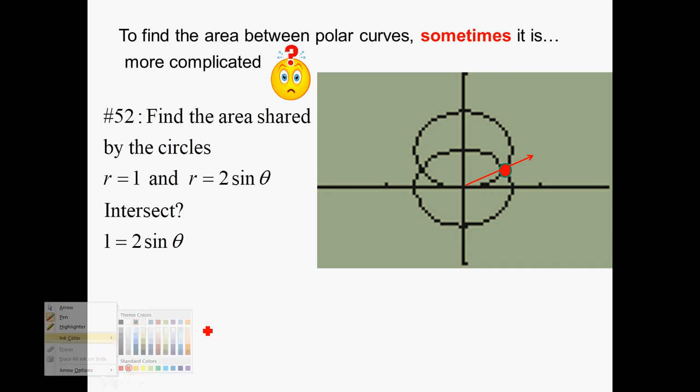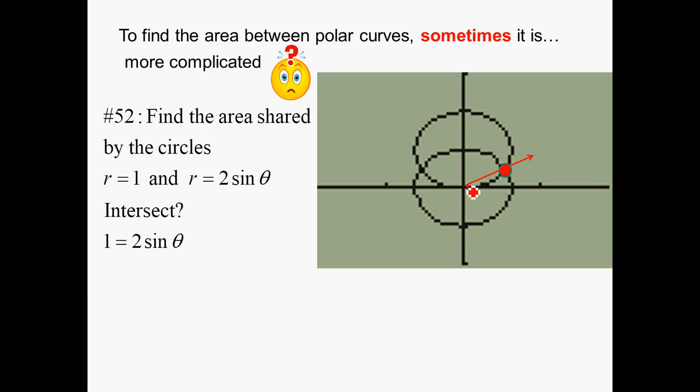You're radiating from 0 out to the circle r equals 1, and then you're rotating up to pi over 6. Is that too little area or too much area? Too much, right? Because I want to find the area shared by the two. That's not the area shared, is it?